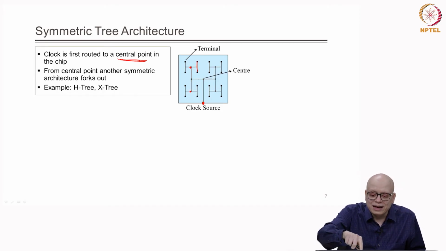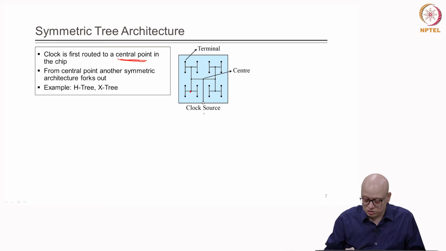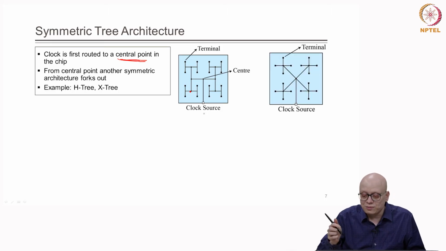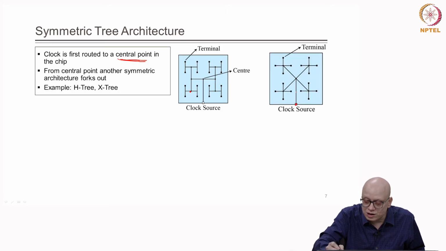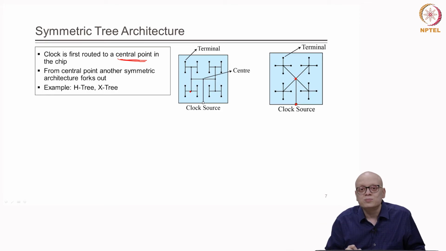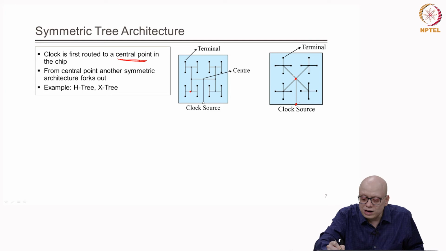Similarly, we can have an X type of architecture. From the clock source, first we route it to the center point of the chip. Then from the center point we have a symmetric X architecture, and where this X ends, there we have another symmetric architecture, and so on.